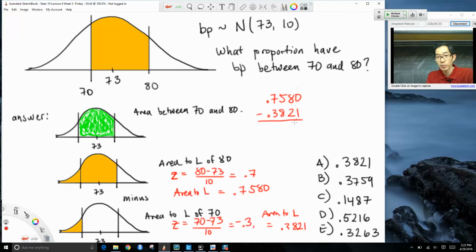And when we do the math here, we get 0.3759. Okay, so this is 0.7580. This over here is 0.3821. Okay, that's our answer here.